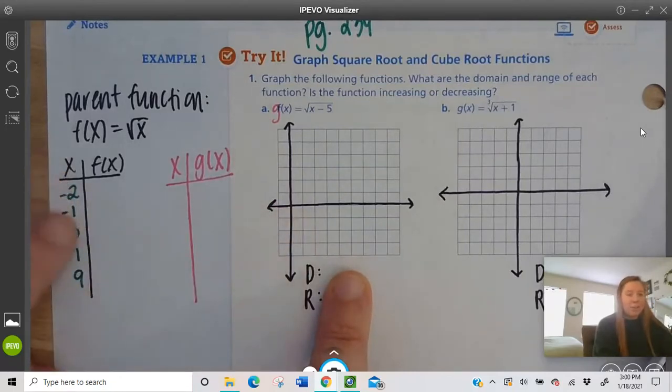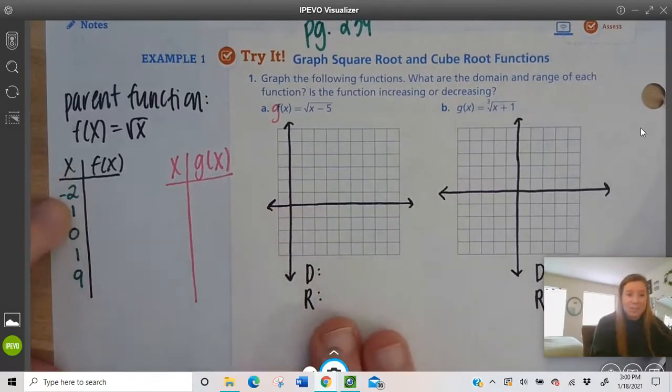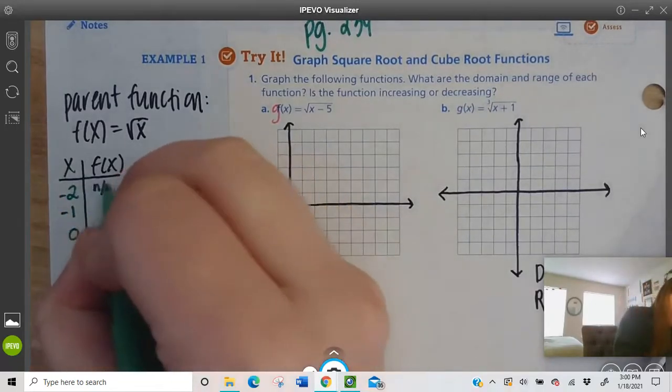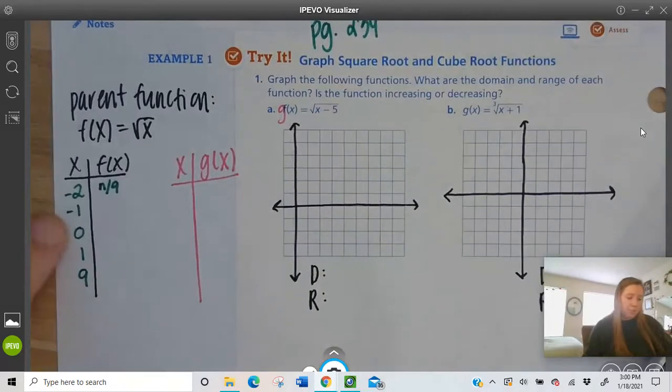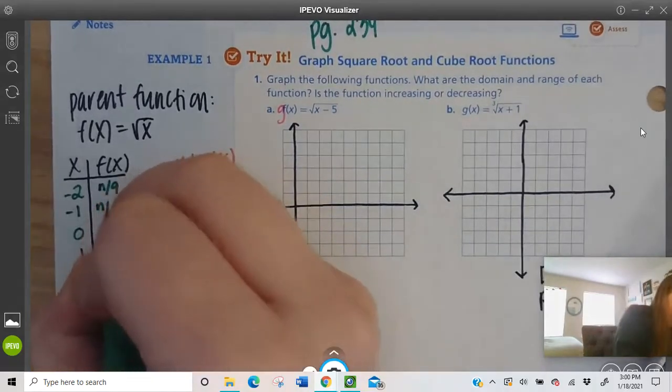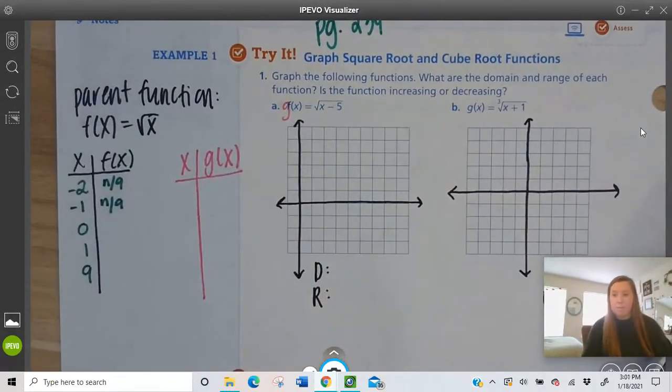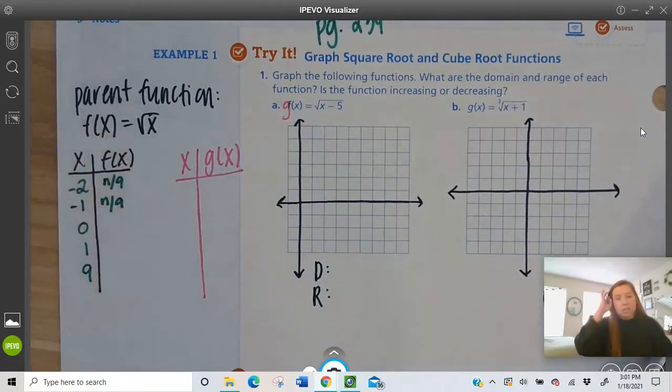So for all of our purposes of graphing these functions, the square root of -2 is imaginary. It's not going to show up on our graph. The square root of -1 is imaginary. It's not going to show up on our graph. If you want to make yourself a little note why it doesn't matter to us here, just make a little star and say it's an imaginary number.